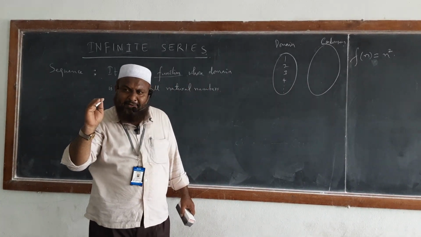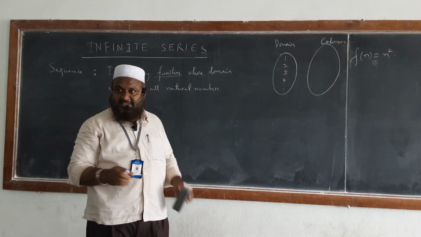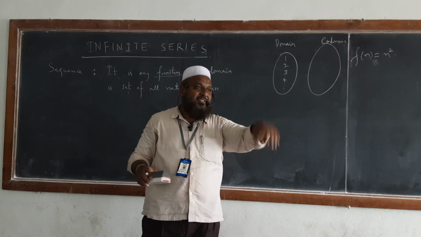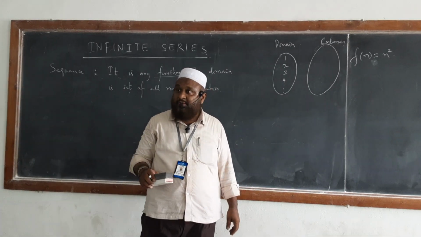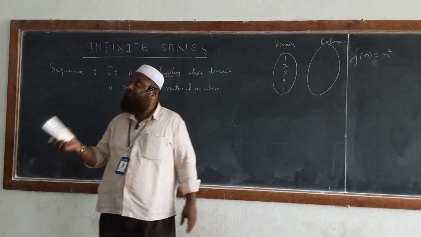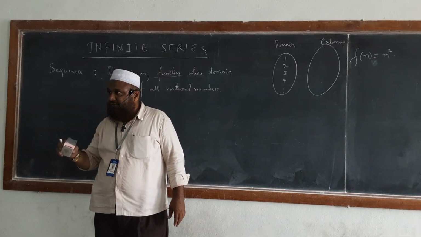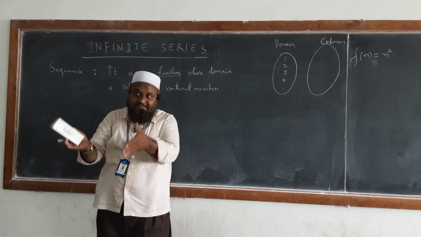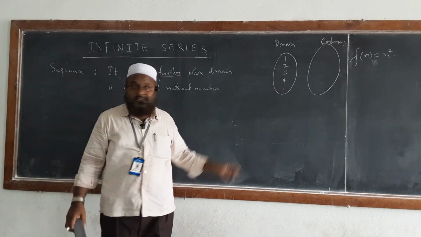Try to understand the first main difference. Generally you are familiar with f of x is equal to x square. Instead of that, I am saying f of n is equal to n square. There, x can be any real number. But here we are limited to only natural numbers.